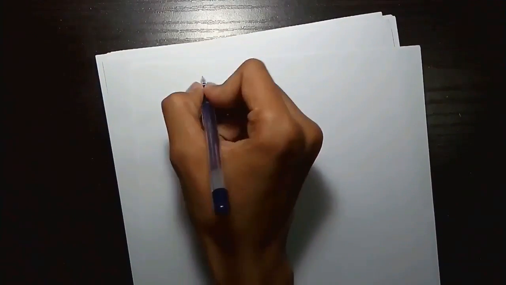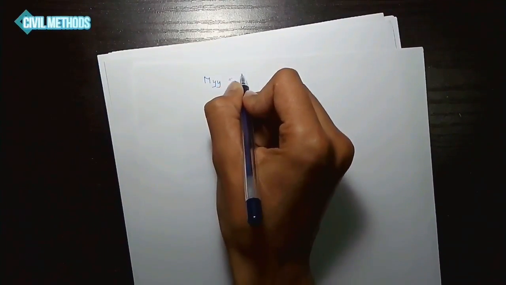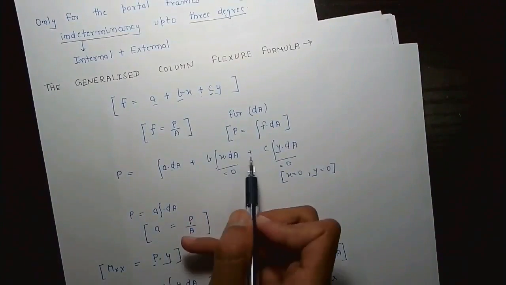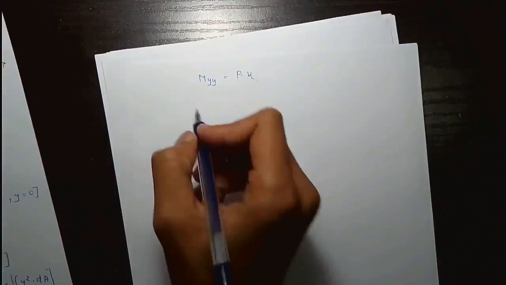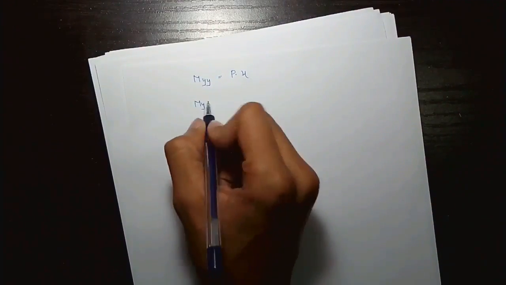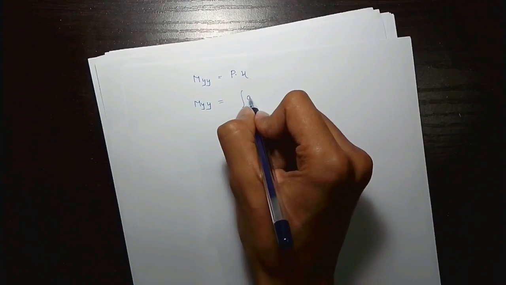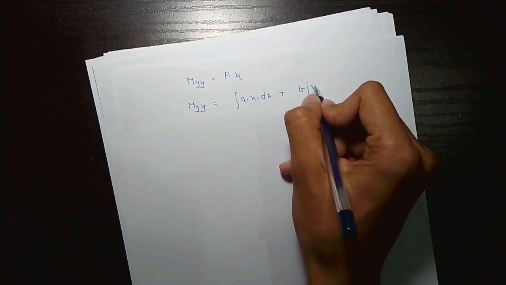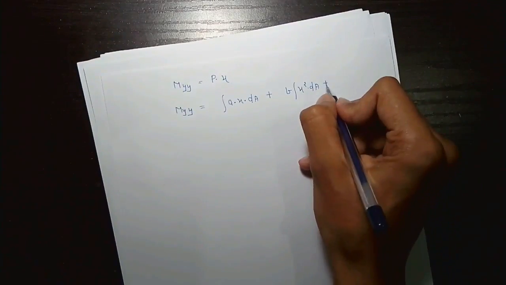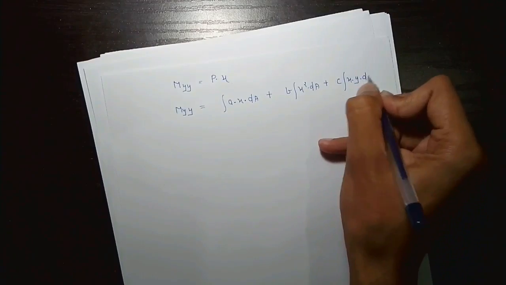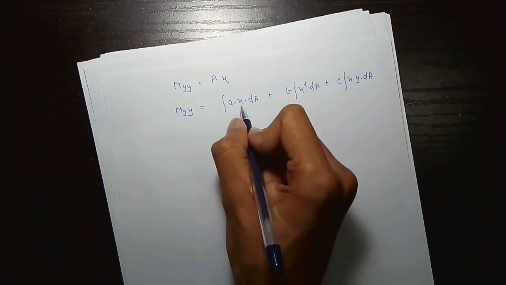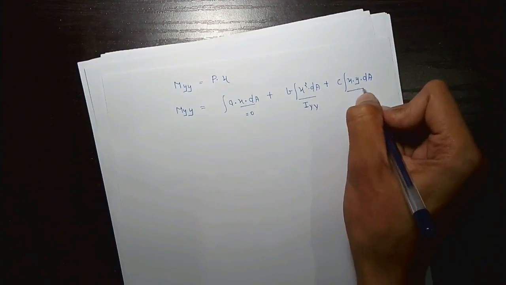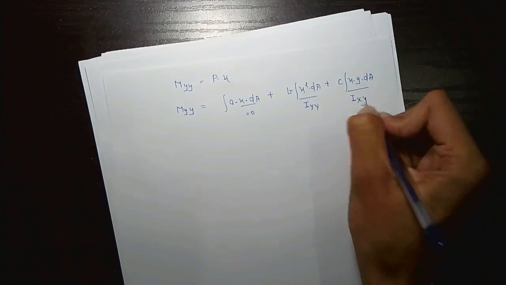Now bending moment about y-axis is P dot x, and P from this equation, multiplying this equation by x, thus Myy is... now again integration of x dA is 0, and this will be moment of inertia about y-axis, and this will be moment of inertia about xy-axis.